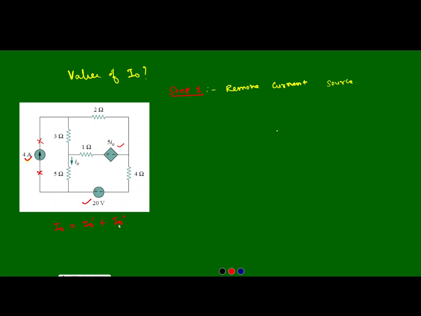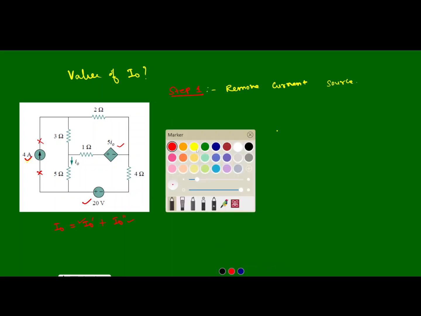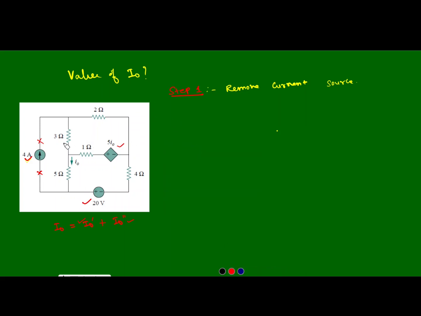When the voltage source is active, the current will be I0 dash. When the current source is active, the current flowing through the 5 ohm resistor will be I0 double dash. Now, to find the value of I0, I must apply KVL to this circuit.